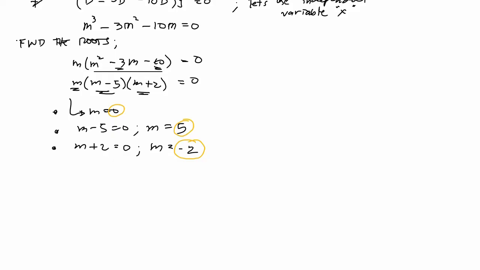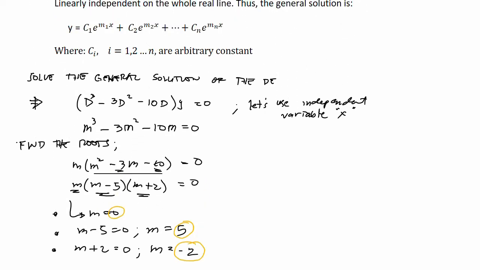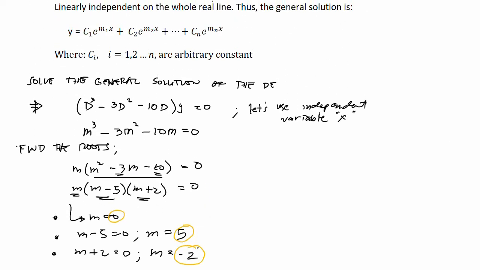Okay? So in writing, among these three, negative 2 is the lowest, so we will use negative 2, 0, and 5 as this m sub 1, m sub 2, and m sub 3, and so on. Therefore, our general solution is y is equal to c sub 1 e raised to m sub 1.